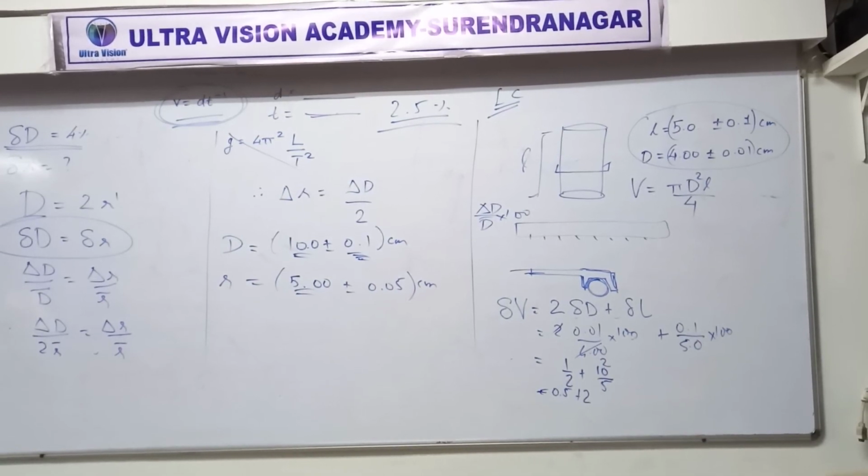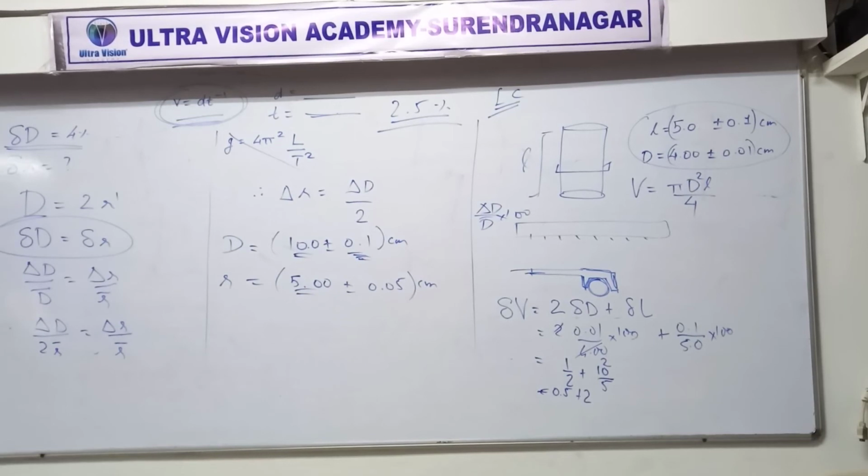Question 29. A student performs an experiment for determination, meaning finding or calculating g. g is what? 4 pi square L by t square.